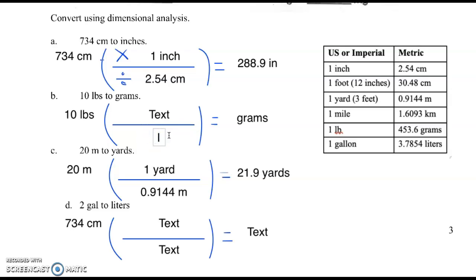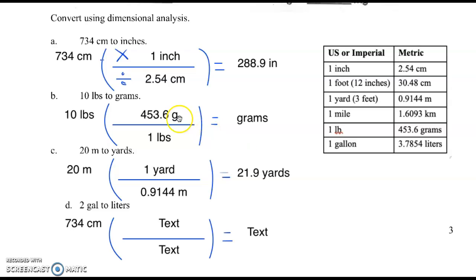So whatever units I start with goes on bottom to cancel. Notice that meters goes on bottom, centimeters goes on bottom, and so forth. Whatever units I want go on top. Now that I have my labels in, I can fill in my numbers. 1 goes with pounds, and 453.6 goes with grams, and that's always the case.